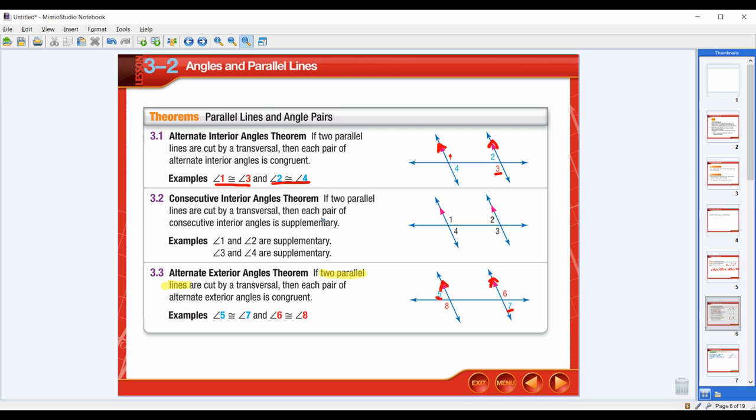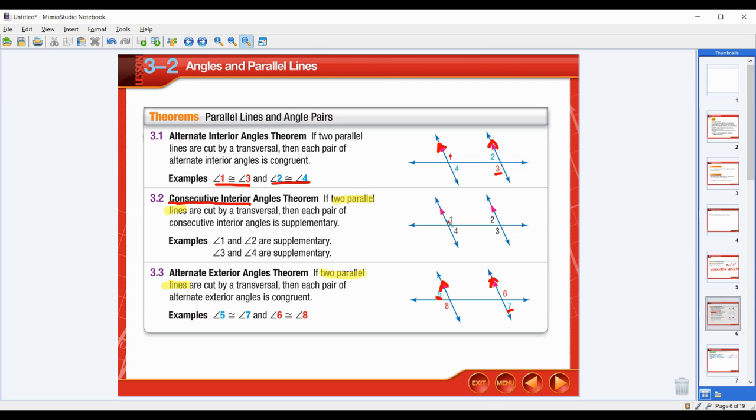And the last one here, consecutive interior angles. Again, this is if and only if we have parallel lines. But these are not going to be congruent like the rest of them. Every other angle relationship we talked about is congruent: corresponding, alternate interior, alternate exterior, all three of those would be congruent. The only one that is not is consecutive interior.